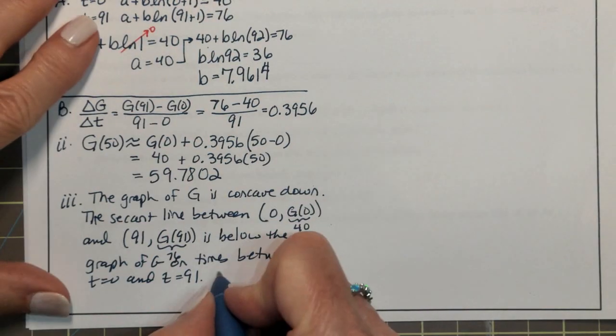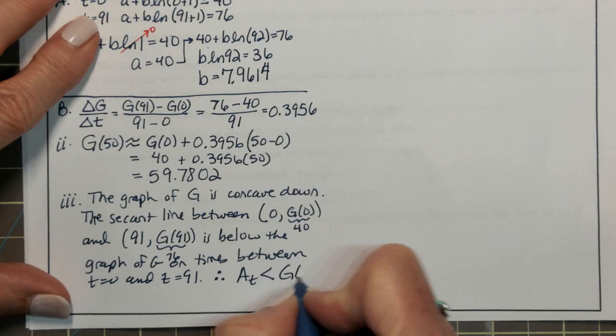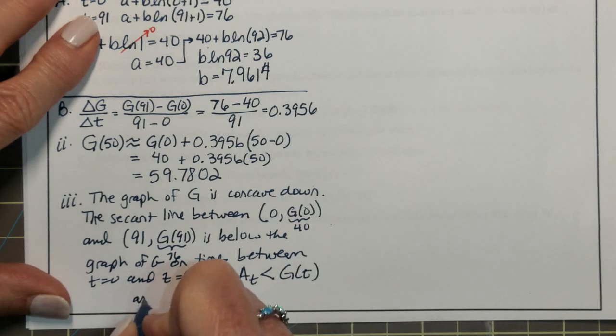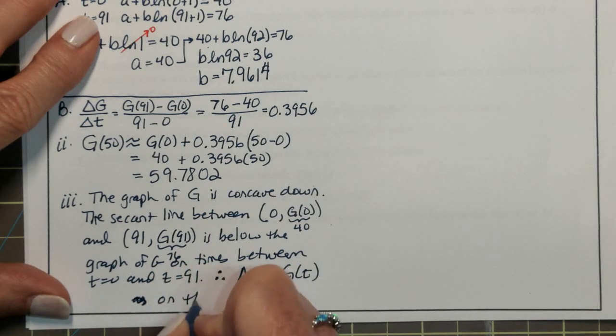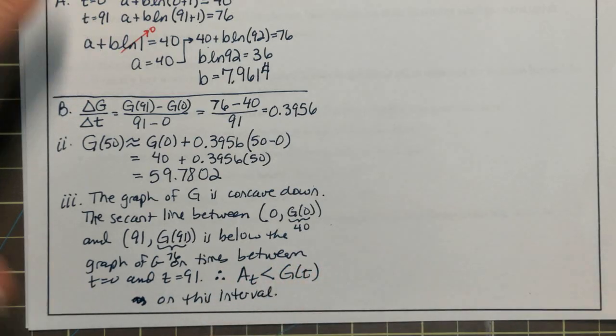Therefore, A of t is less than G of t on this interval. And that's why.